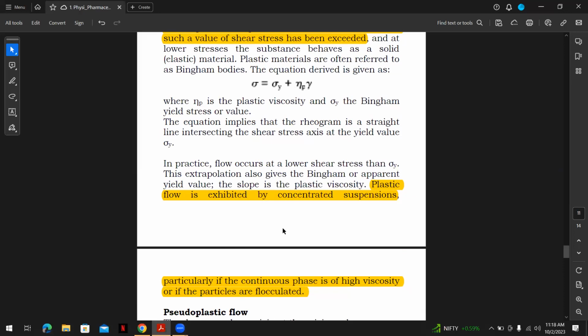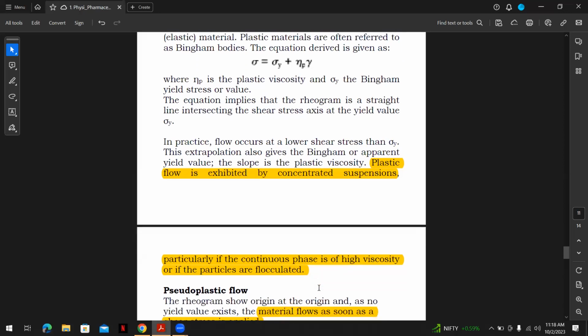Floccules are very loose aggregates in a liquid. When agitated, they can easily disperse. So plastic flow is exhibited by concentrated suspensions, particularly if the continuous phase is of high viscosity or the particles are flocculated.